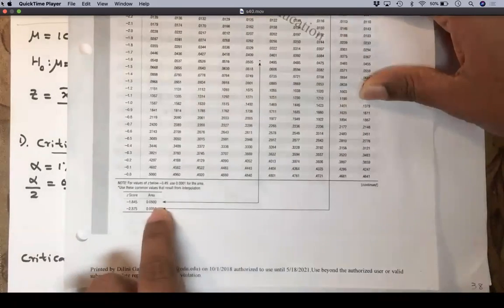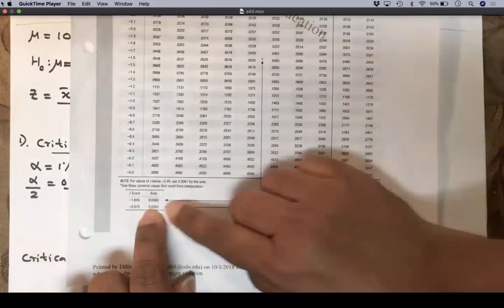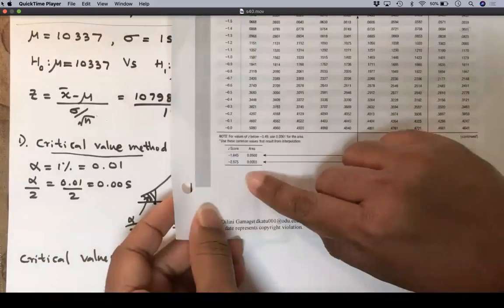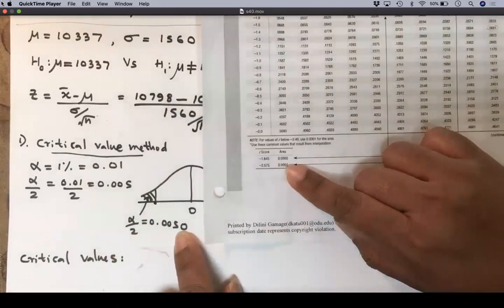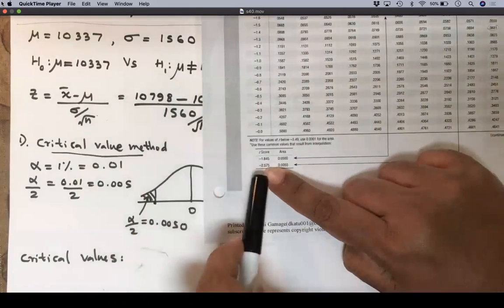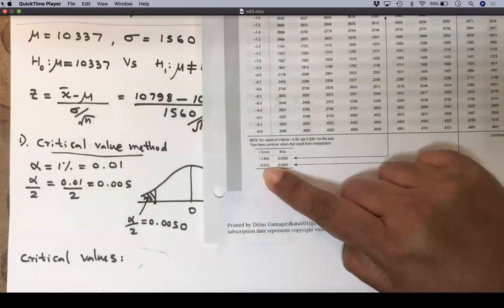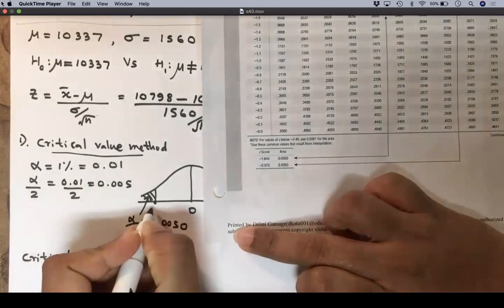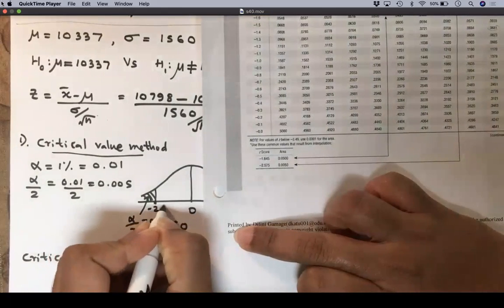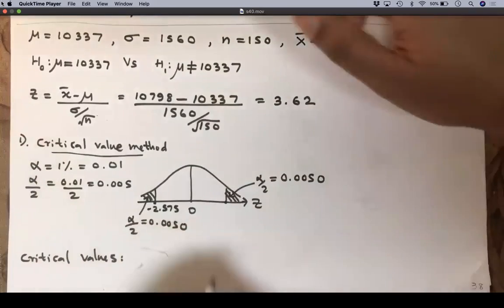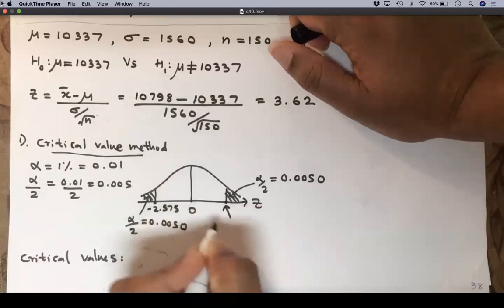Here, the second one: the area is 0.0050, yes, our area is the same as this area. So according to that area, the z-score is negative 2.575. The z value of this point is negative 2.575. Then using symmetry, you can find this other point also.